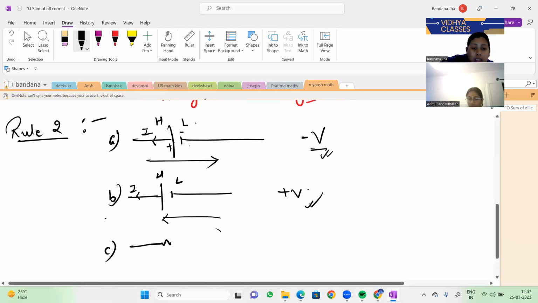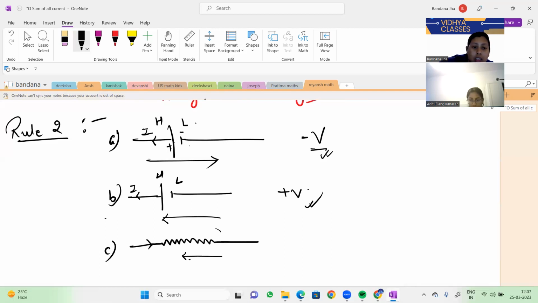Now the same thing is for current. Suppose this is the resistor having resistance R and current I is moving in this way, and we are going opposite to the direction of the current. That time it will be positive IR.